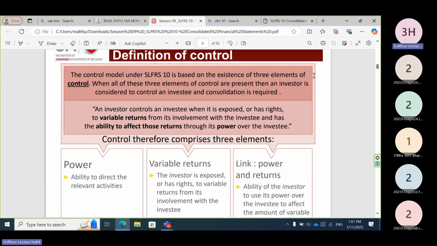Entity means subsidiary, okay? For the period of time you expect to do the consolidation.